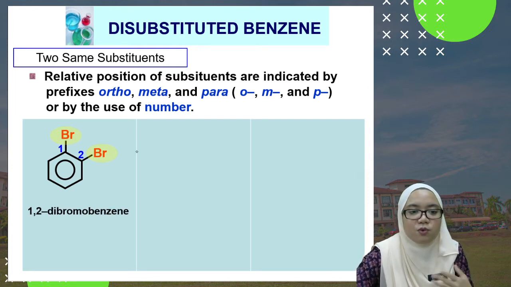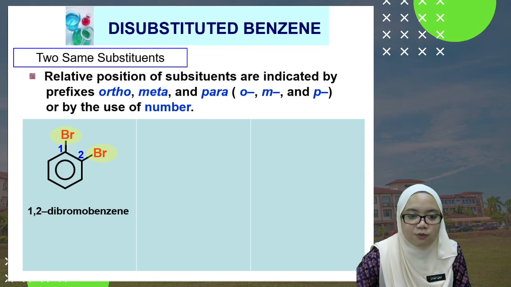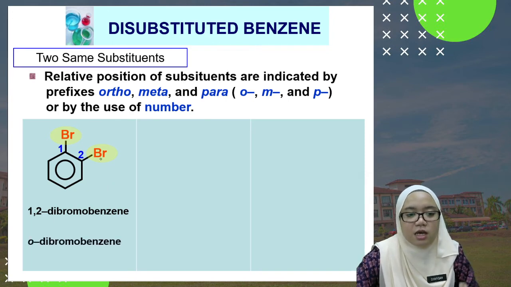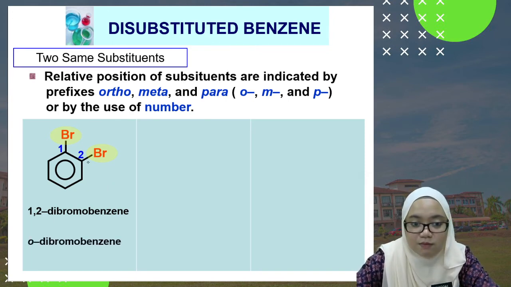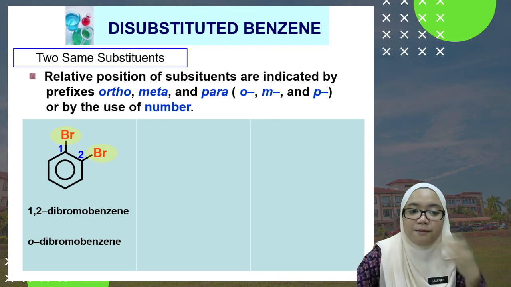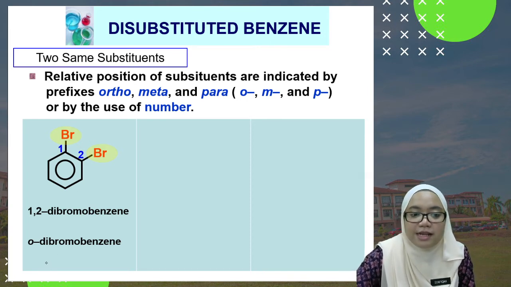So, for example, we have 1,2-dibromobenzene. Here, this position is ortho, and we name it ortho-dibromobenzene.